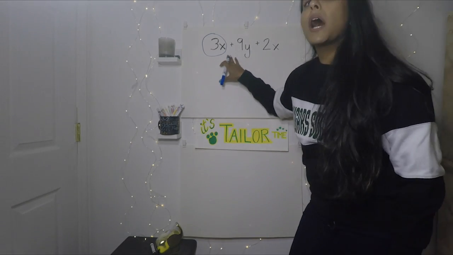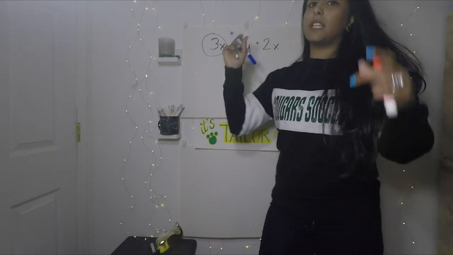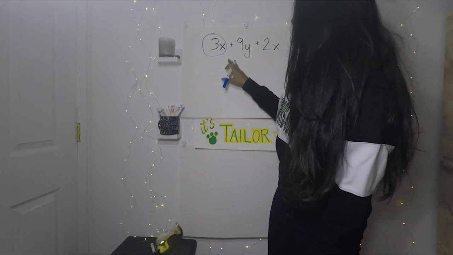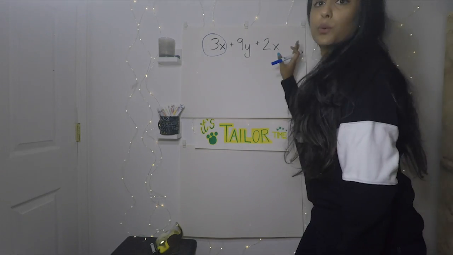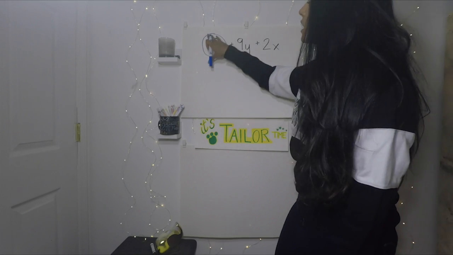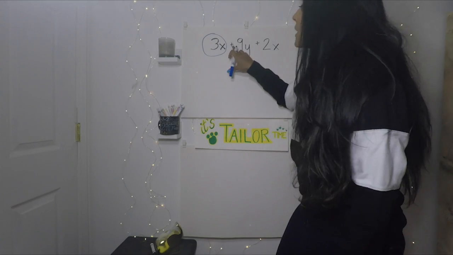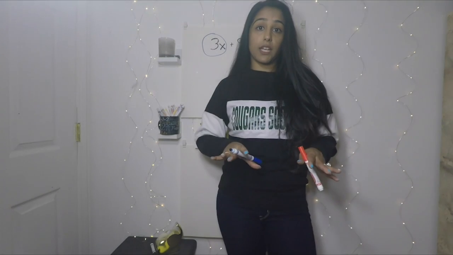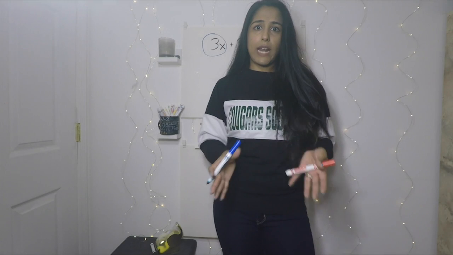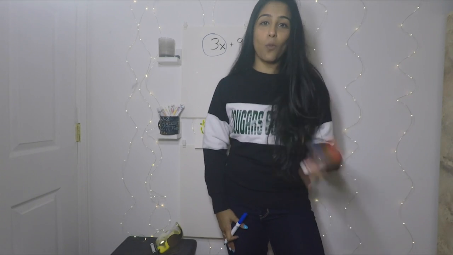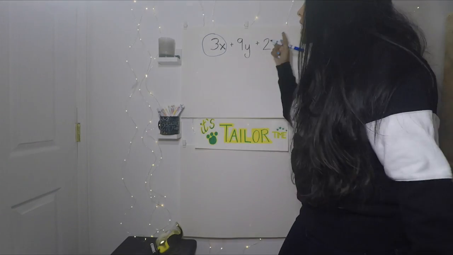What about positive 9y? See what I did there? In the expression, I know you read it as 3x plus 9y plus 2x. But when I look at the terms separately, this was 3x. This is positive 9y. Positive 9y, am I circling it? Why not? Oh, because the last name is not X, it's Y. Positive 2x.